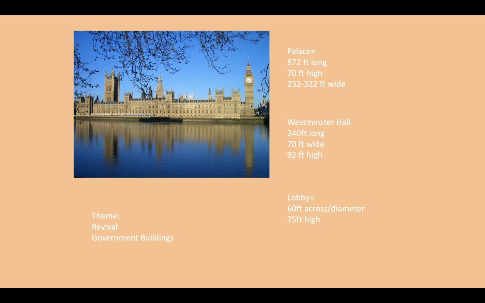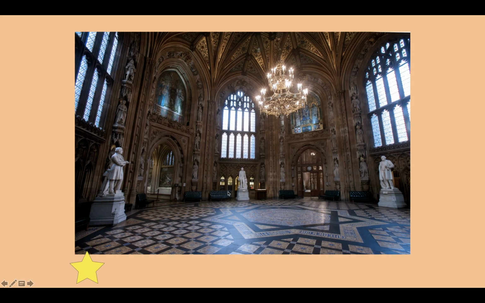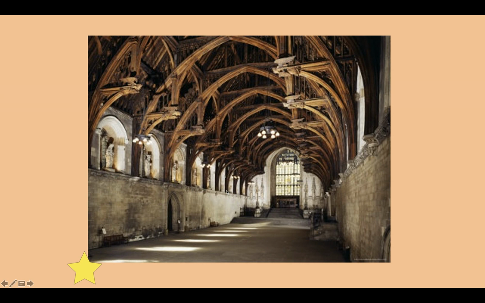You do have a couple of different images. You have Westminster Hall, which is this guy, right? And we'll talk about him. But if you're wondering what those numbers are, this is Westminster Hall. And so you're looking at 75 feet high. Look how tall that is. And 60 feet across.